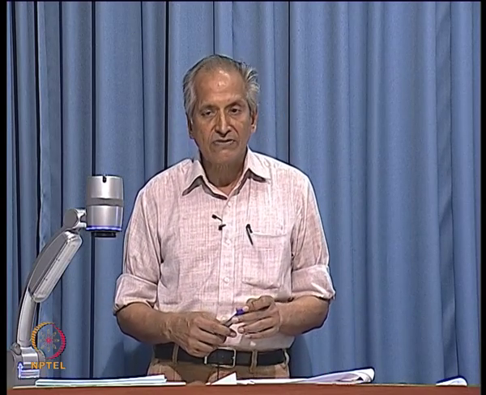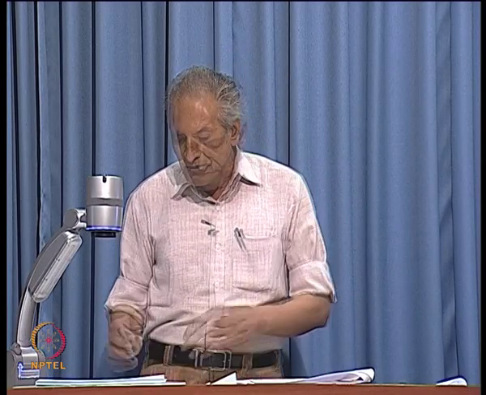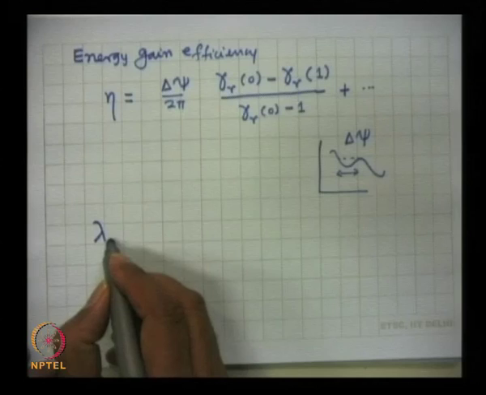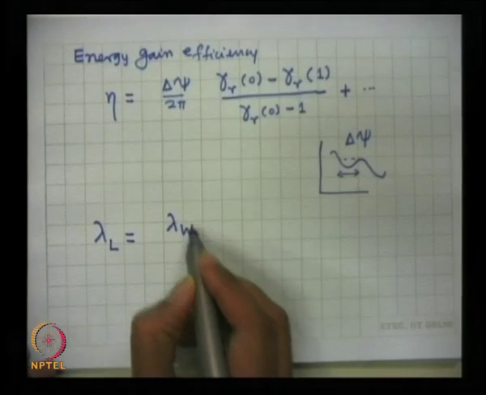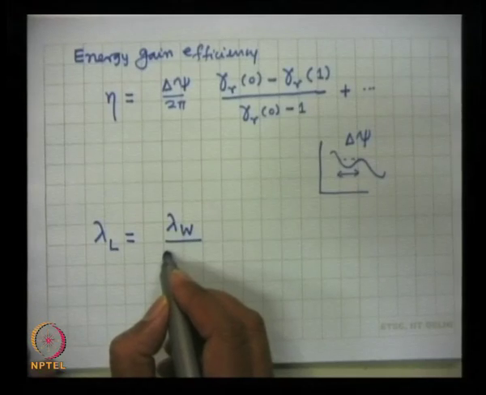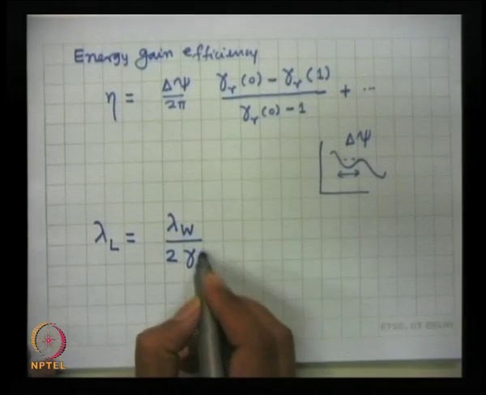However, people can use different kinds of ripples or waves as wigglers. For instance, people are thinking of having an X-ray free electron laser. Now the problem is that for X-ray generation, the laser wavelength that you generate is equal to wiggler wavelength divided by 2 gamma 0 square.